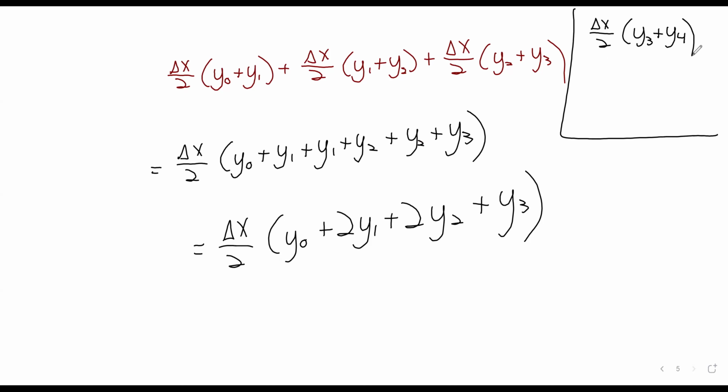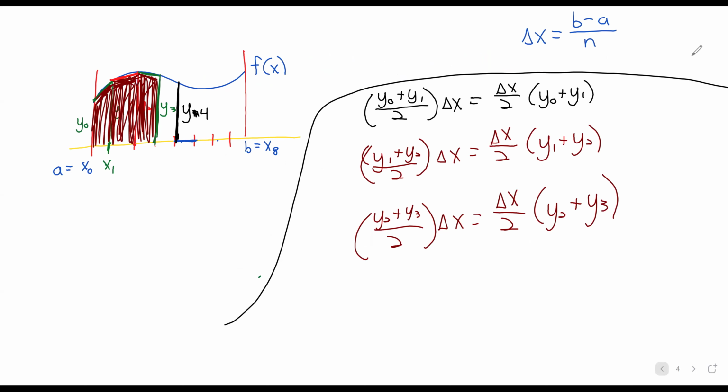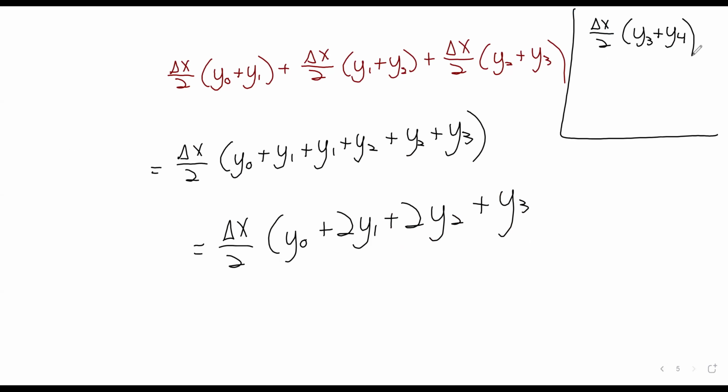So if we took this and we expanded it, so we include a new trapezoid, you see what happens, we get another y3.